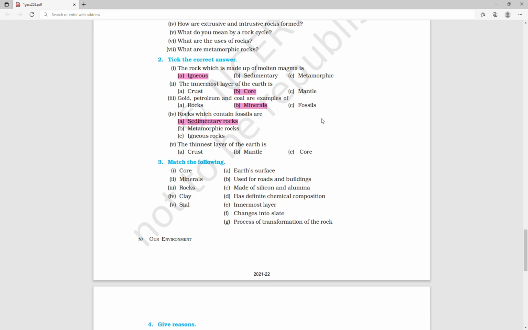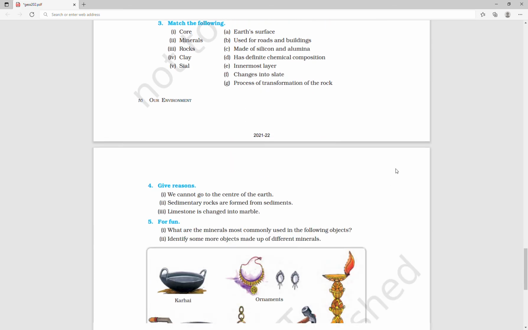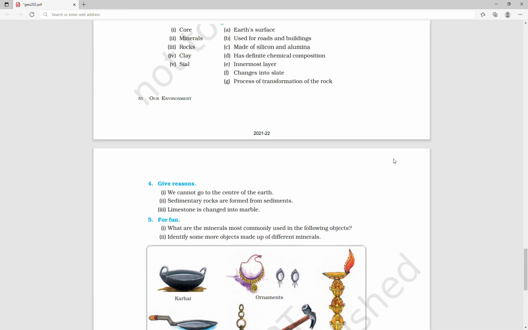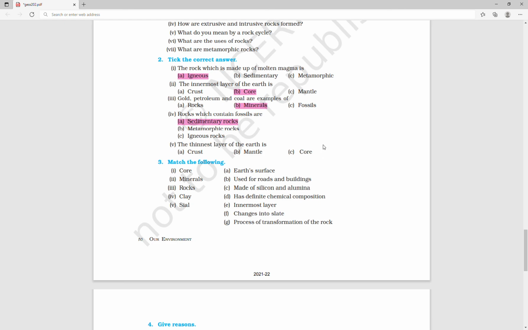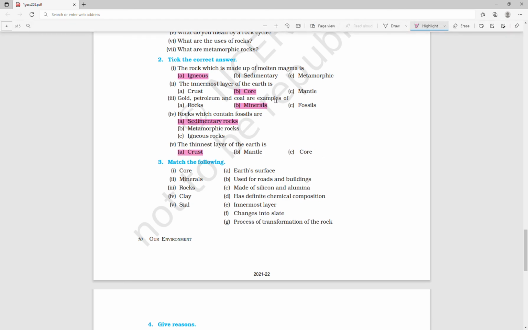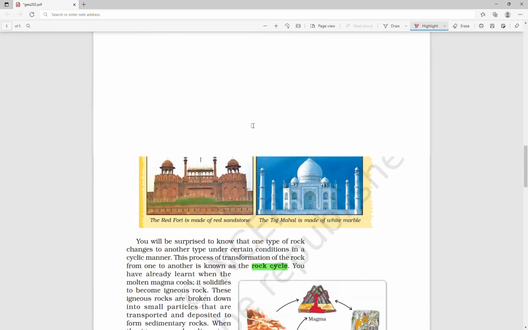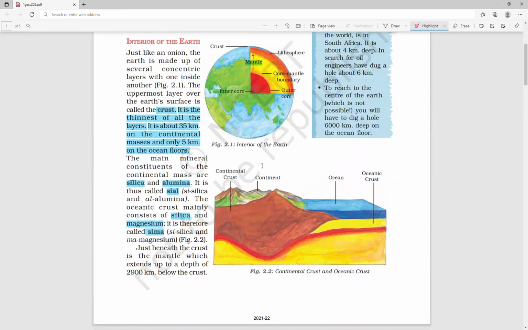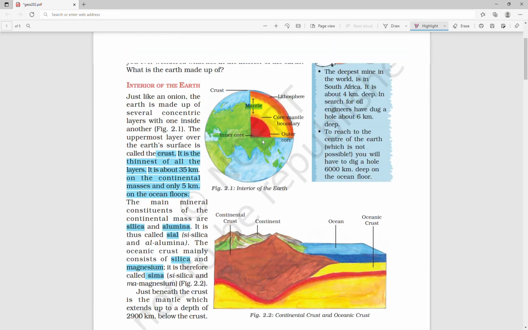What is that? You comment down below. Okay, fine. It's crust. You can go through this, and I hope you understand this lesson.